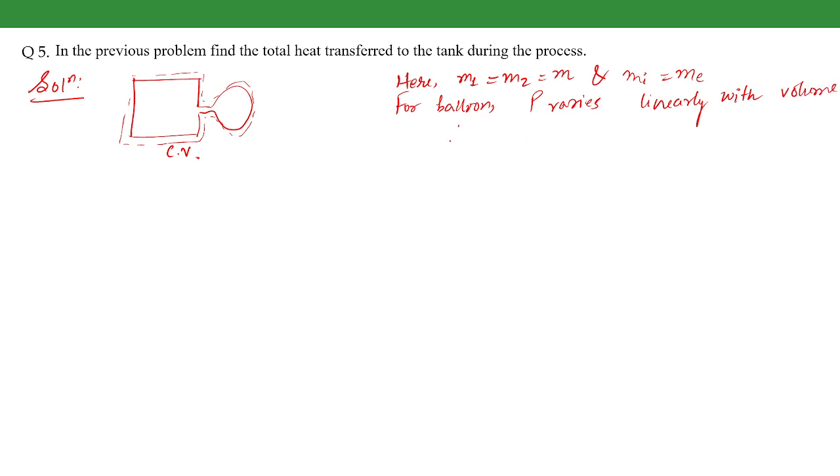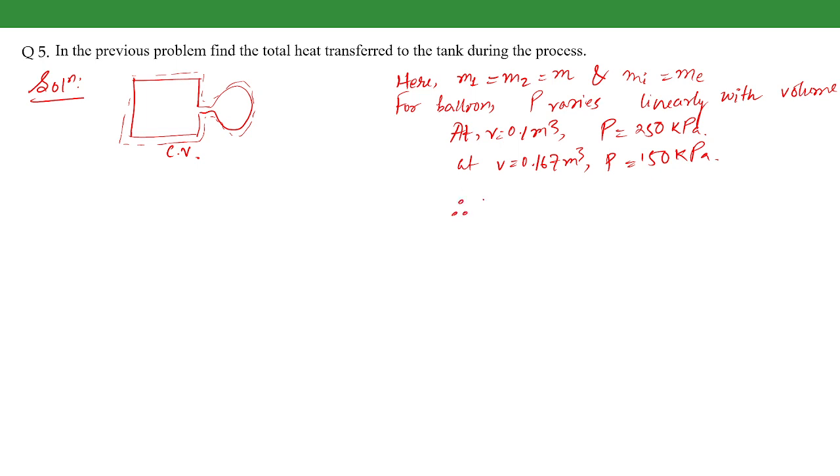At V equal to 0.1 meter cube the pressure is 250 kPa, and at V equal to 0.167 meter cube, the pressure is 150 kPa.